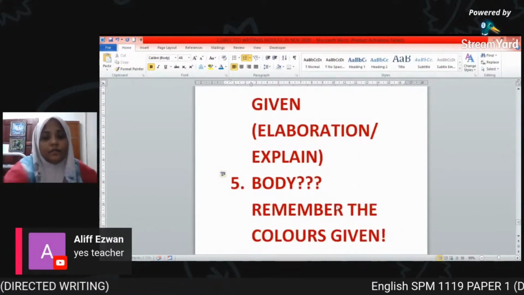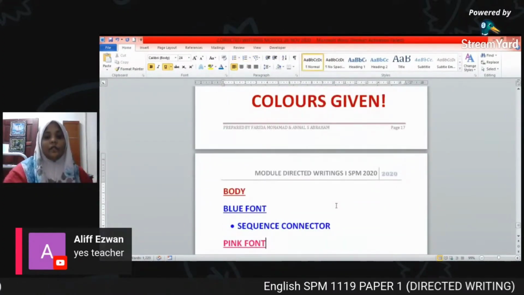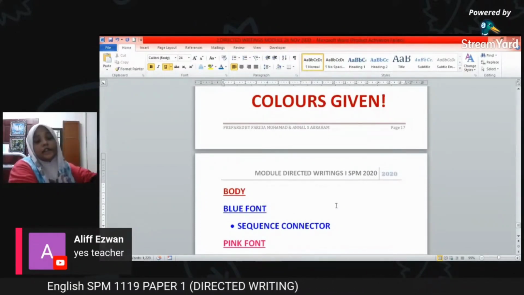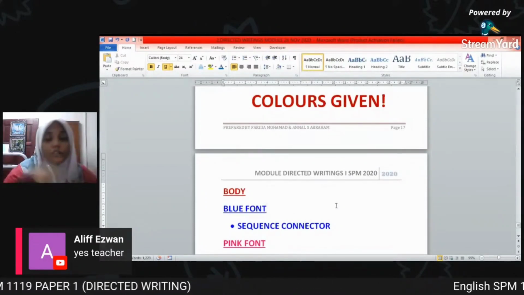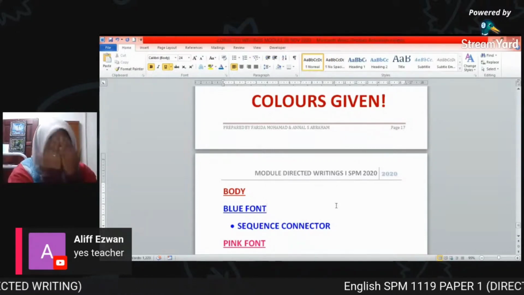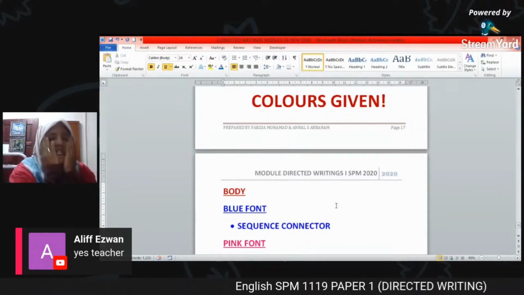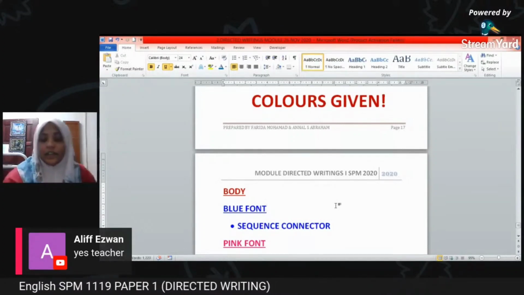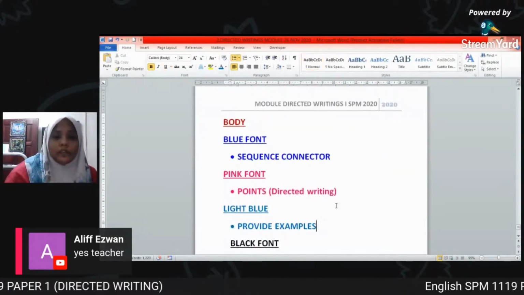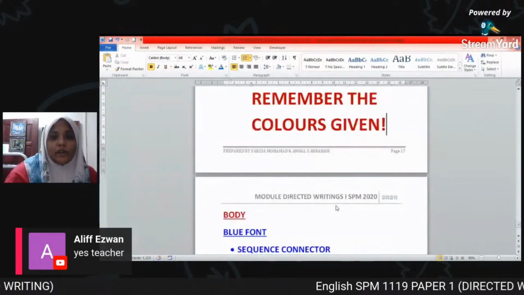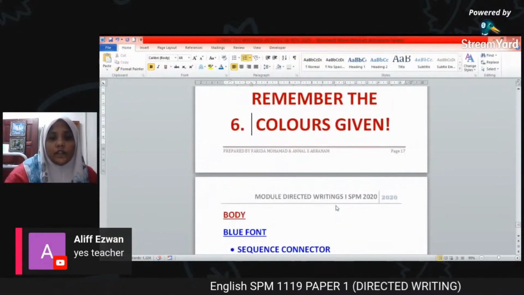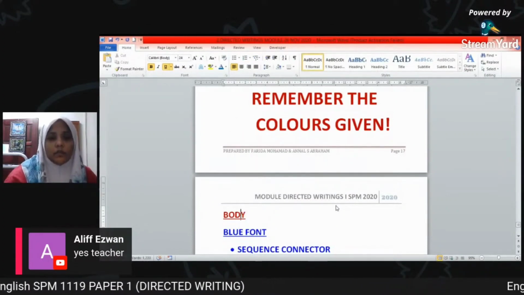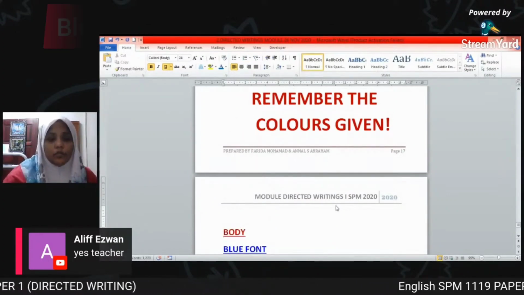Oh, by the way, you can also have other sequence connectors, for example, in addition, furthermore, besides, other than that, not only firstly, secondly, and all that. So remember the colors. What is the color code? Blue.